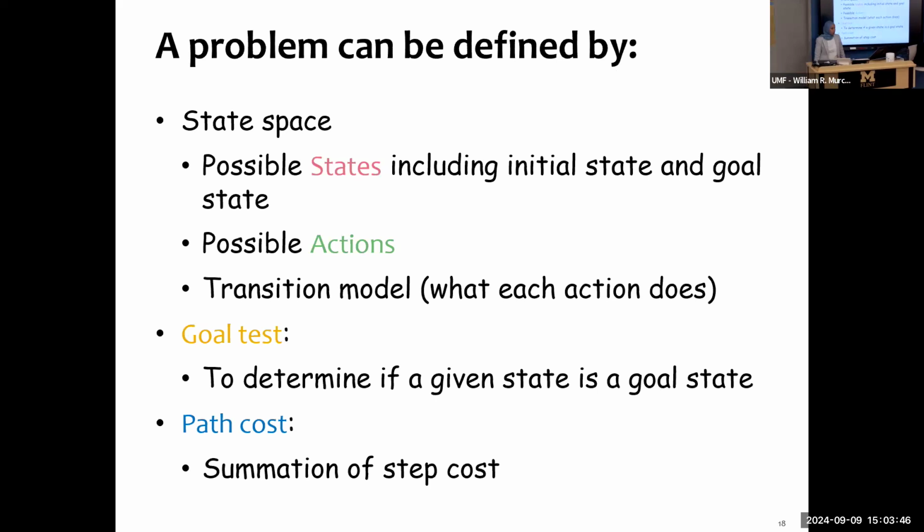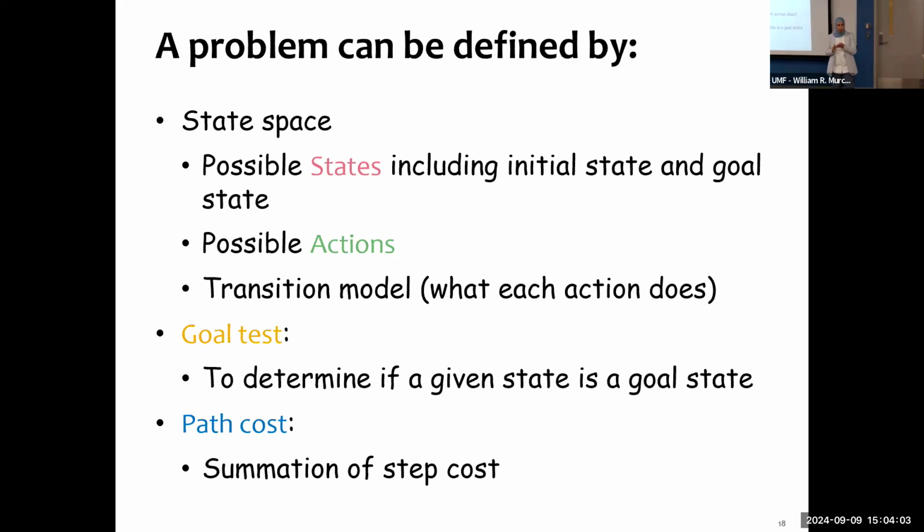So now, in order to define the problem in AI, the problem could be defined given a state space, and the state space here is the possible states, including initial state and goal state.